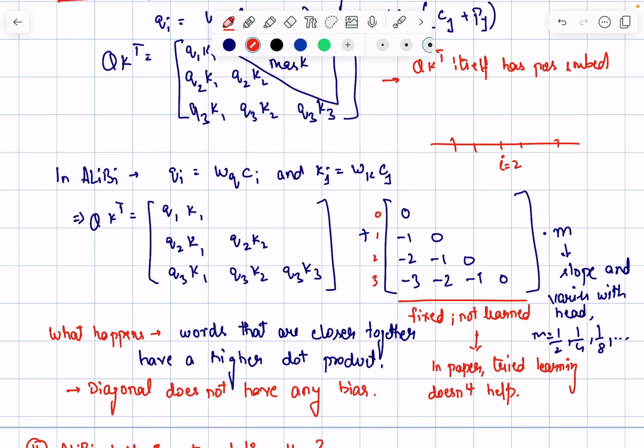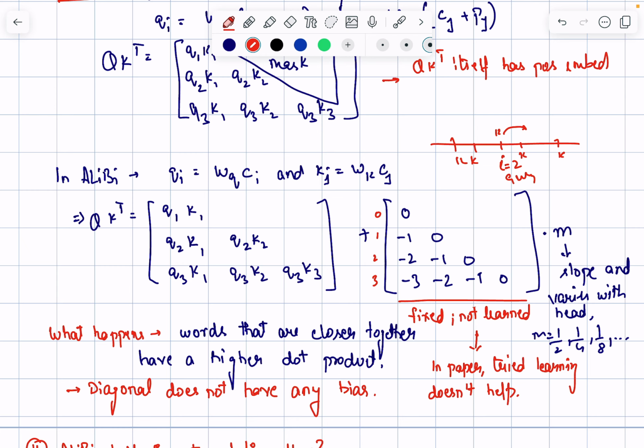So what does that mean? As you move away from i, if this is the query and these are the keys, for itself you use a positional embedding of 0. That means when you attend to yourself, you use a zero positional bias in this case.